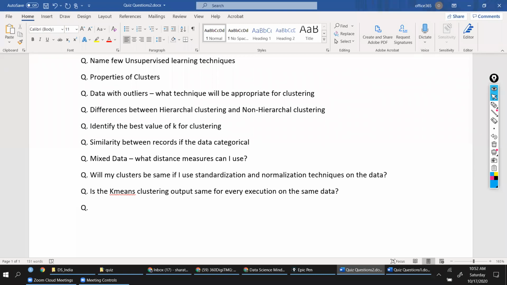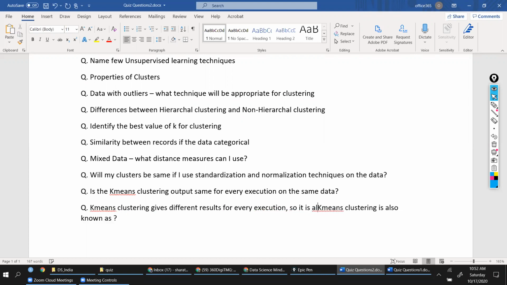What is the K-means clustering also known as? Okay, I'll rephrase this. K-means clustering gives different results for every execution.